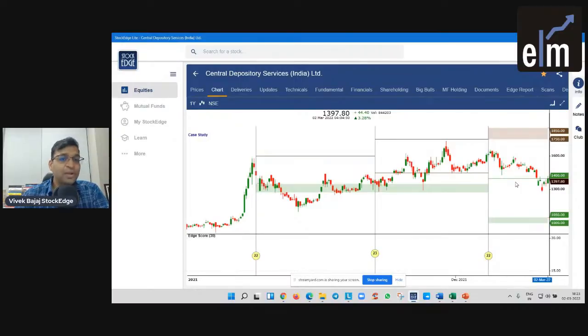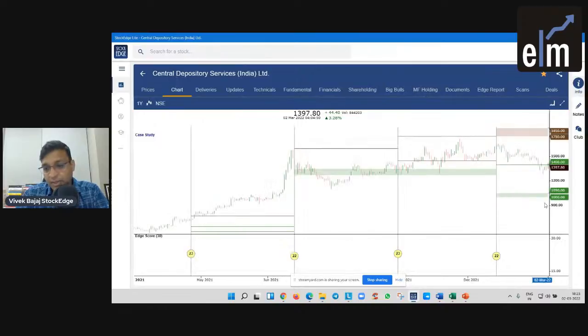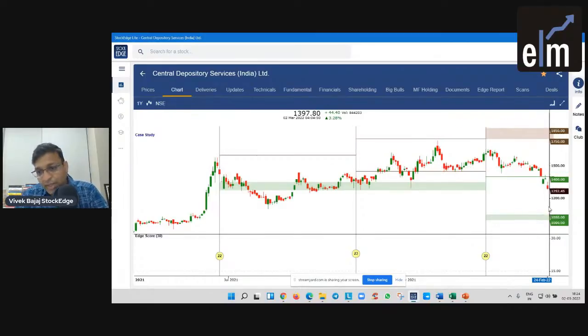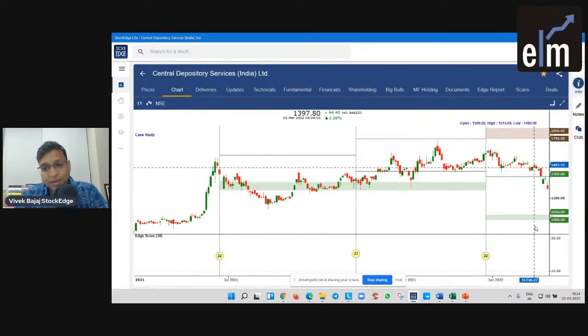So the ideal price of CDSL to buy as per the fundamentals and the demand zone principle is around 1000 rupees. This is an ideal price to buy, because it is not the fundamental fair value, but it is a value which still justifies the valuation of the company, and there is always a demand available at these prices. So it's a combination of delivery data, price action, and fundamentals. So ideally, I should buy CDSL when the price is around these levels.